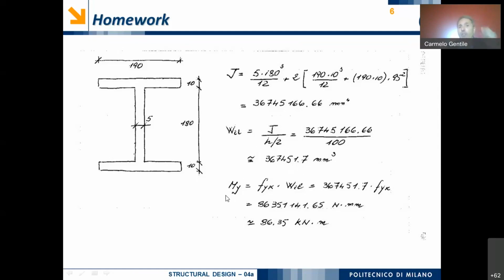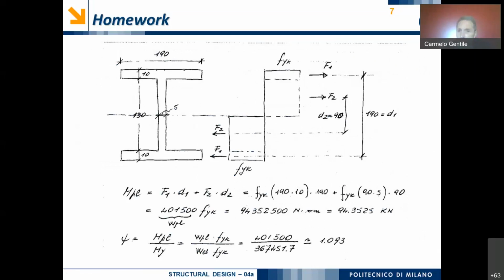At this point, in order to evaluate the first yielding bending moment, I have just to multiply this value times the yield strength, and afterward I will pass in kilonewton times meter, and the value of my in terms of kilonewton meter is 86.35. Afterwards, I have just to evaluate the plastic bending moment.